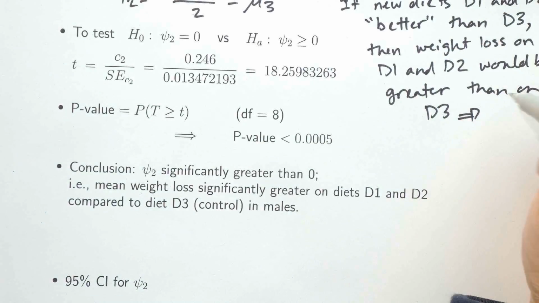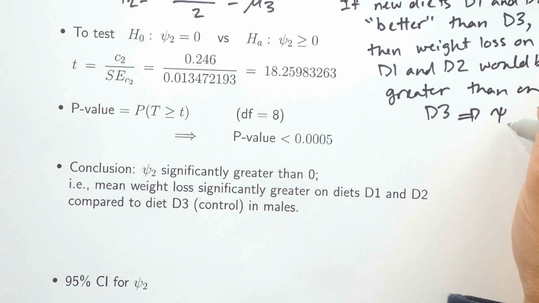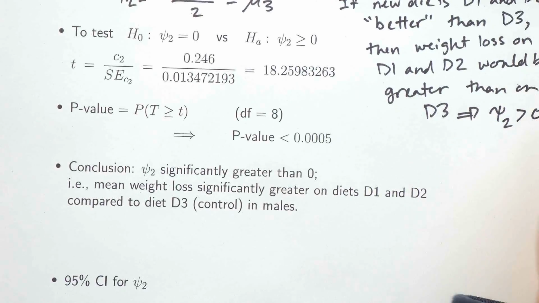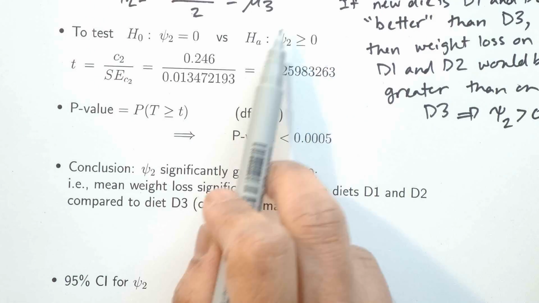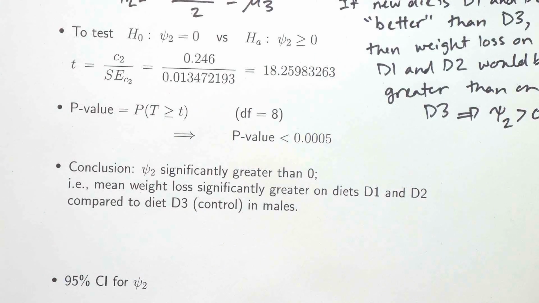So that tells us or implies that psi 2 would be greater than 0. So now we know that our alternative hypothesis should be that psi 2 is greater than 0.